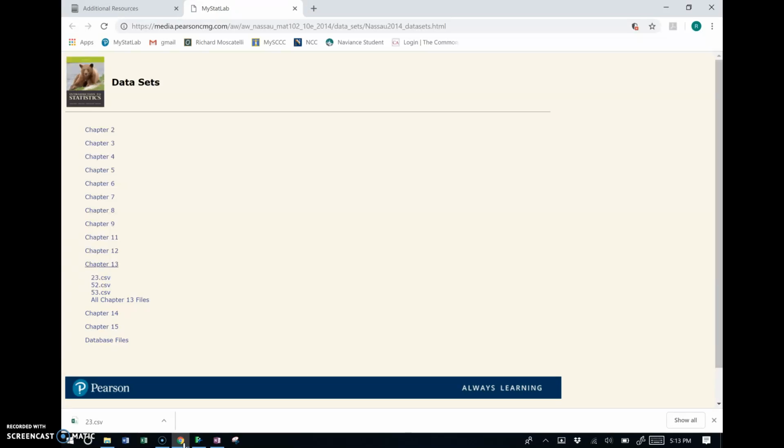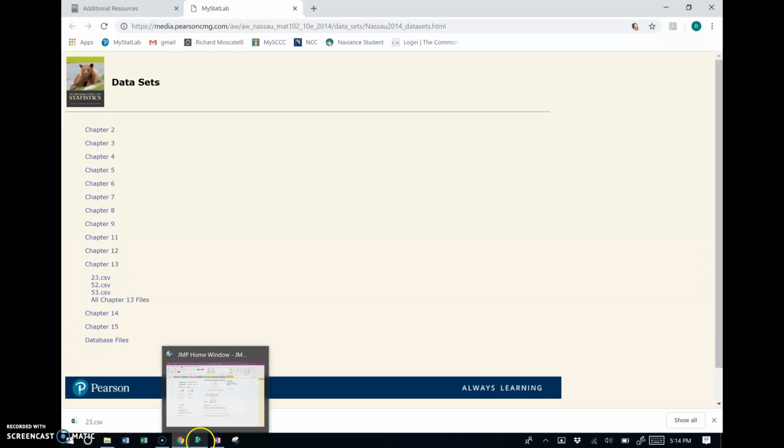This question's in chapter 13 and it's number 23. So when you click on that, it says 23.csv. CSV stands for comma separated values, which is just a text file that has a data value, then a comma, then a data value, then a comma, and so on. And then when you open it, it would open up in Excel. Now, I just clicked it, so it downloaded it to my downloads folder.